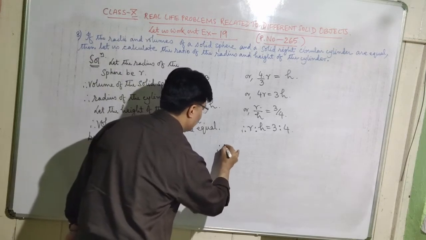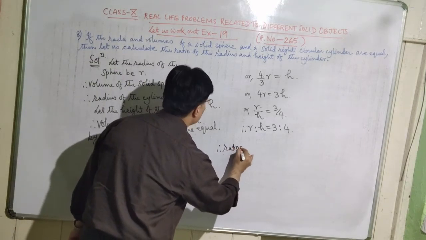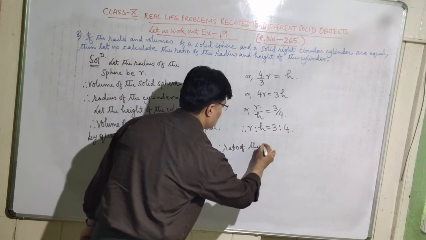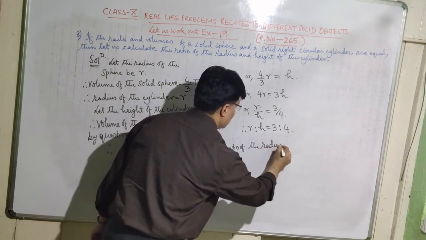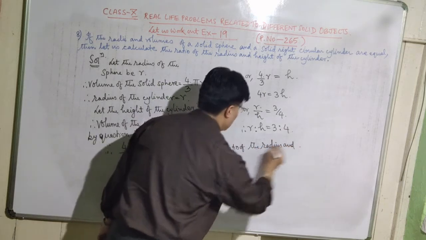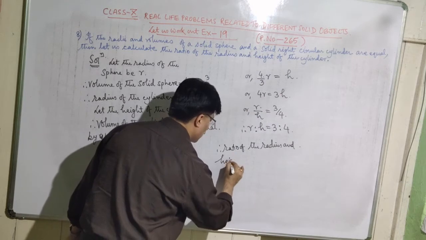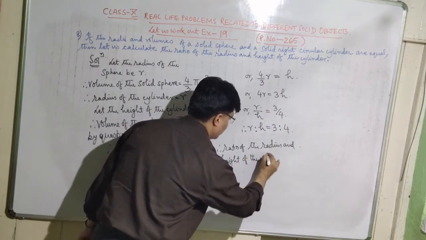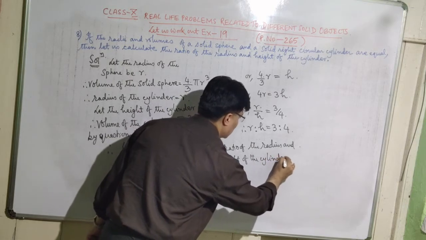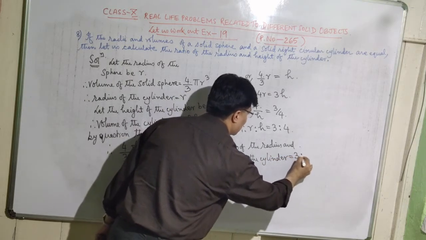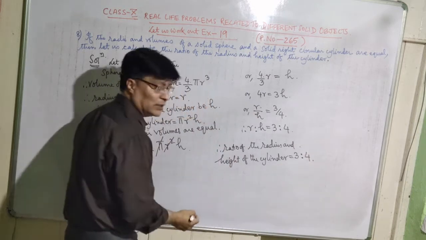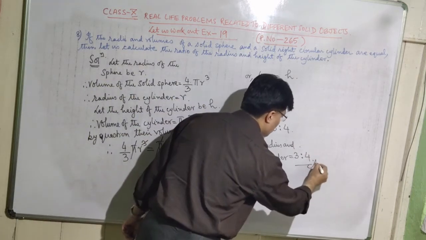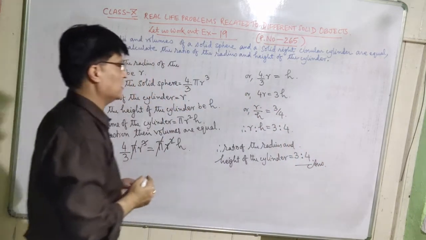So therefore, ratio of the radius and height of the cylinder is equal to, what is the answer out here? It is 3 is to 4. So this is the final answer.